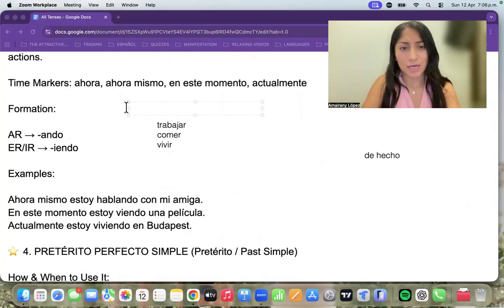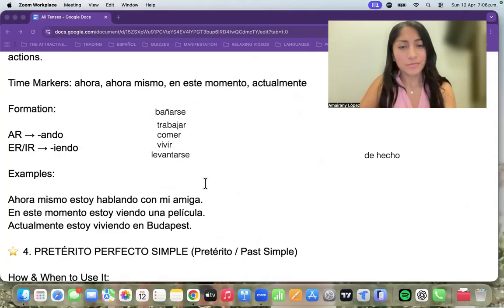So let's use bañarse as well, and levantarse. Okay, so trabajar, the AR, you would drop it, and you would add ando. So then trabajar means to work, but trabajando means working, okay?